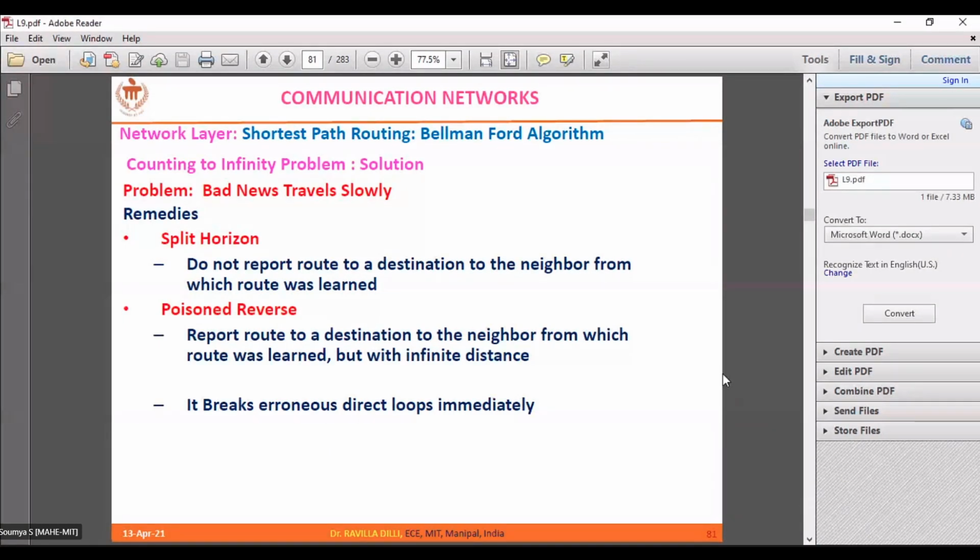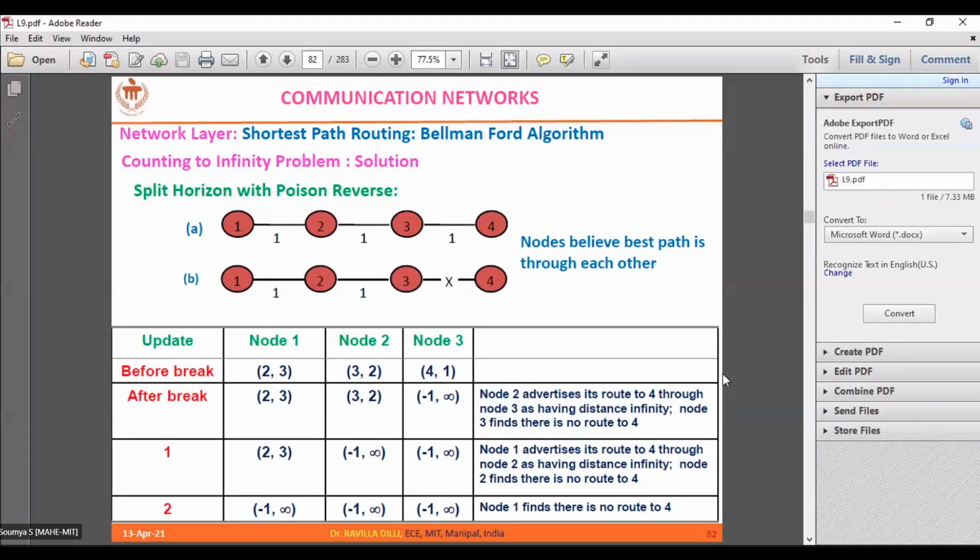Okay, now this is how you are going to use the solution, the split horizon. What does it do? Now before the break, node 1's table had 2, 3, and node 2 had 3, 2, and node 3's table had 4, 1, right? So this is with respect to node 4. The distance to node 4 from node 1 is 3 and it has to go through node 2, right?